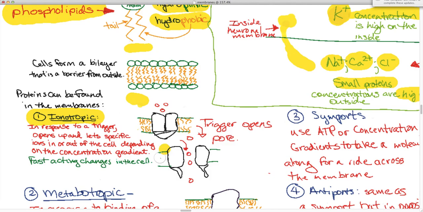Some of these channels are voltage dependent. What happens is the trigger, whatever it is, opens the pore. And once it opens, it can either let stuff in or out depending on what the gradient is. Again, it's always going to go from a high concentration to a low concentration. That's the principle of diffusion. Okay?